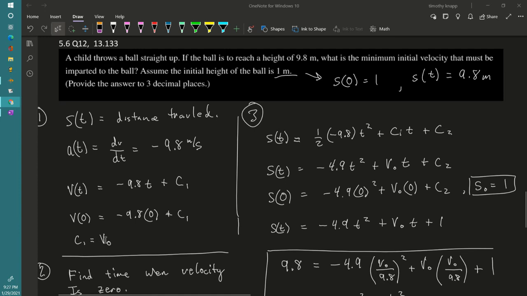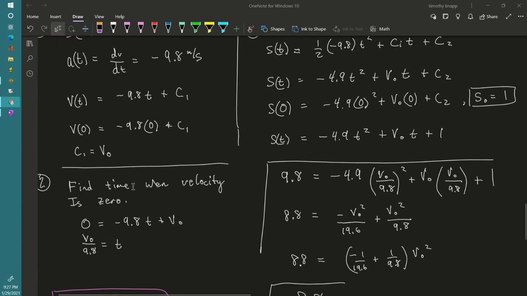All right, so now that that's said, I'd like to find the time when the velocity is 0, okay? Remember, the kid threw the ball up, so it has an initial velocity, and at the top, at the maximum height, the velocity is 0 for a moment.